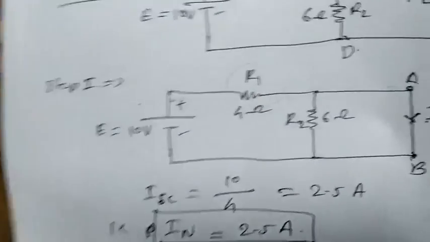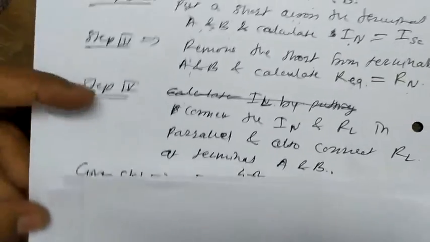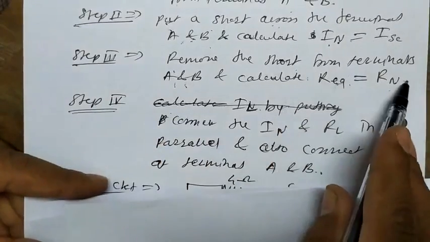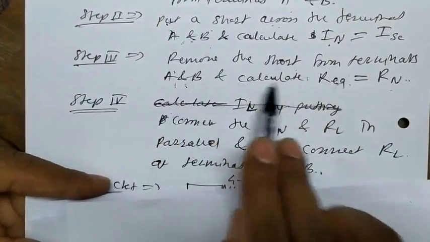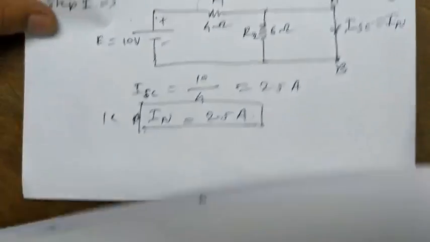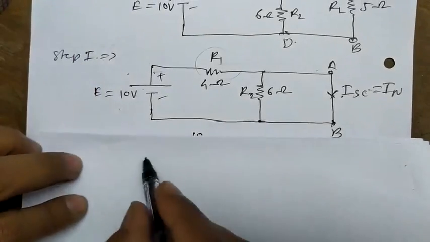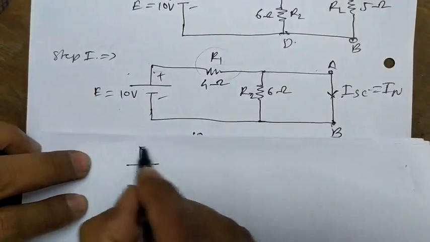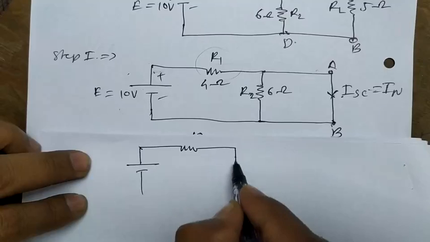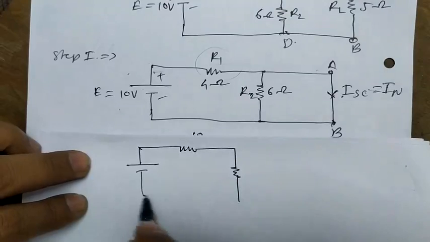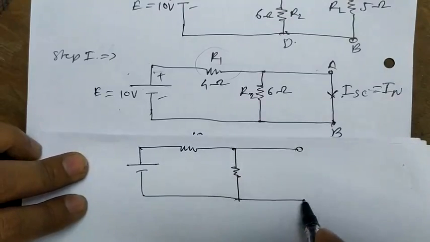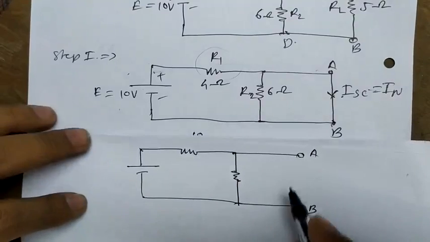Now you have to find out RN, and for this, what is the third step? Remove the short from terminals A and B and calculate R equivalent. Now from this circuit, we will remove the short. Now we have removed the short.